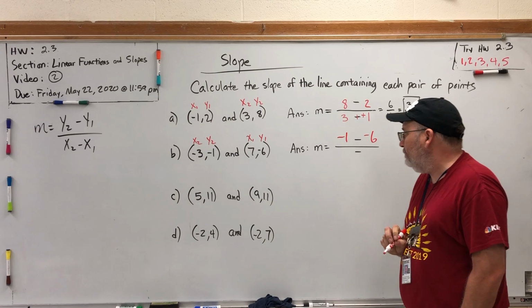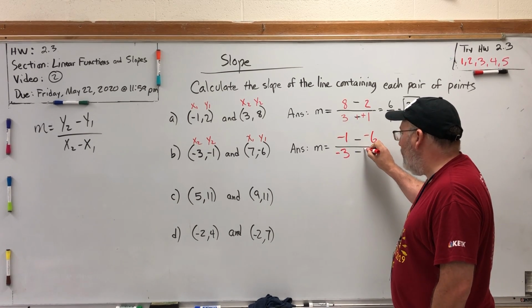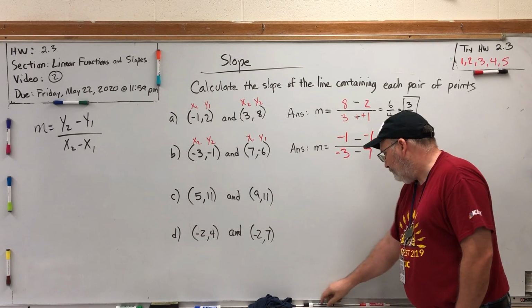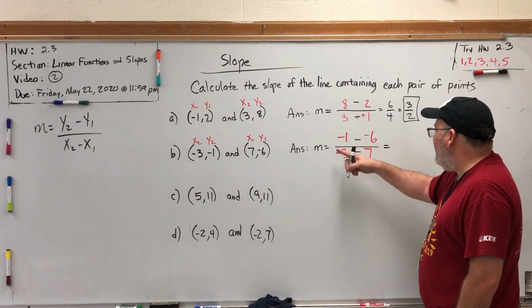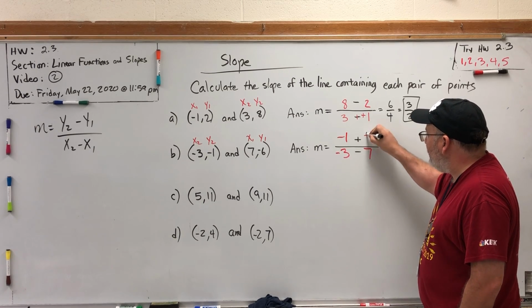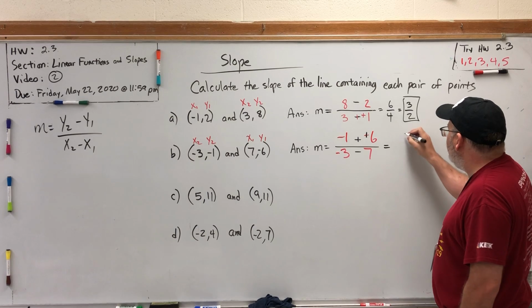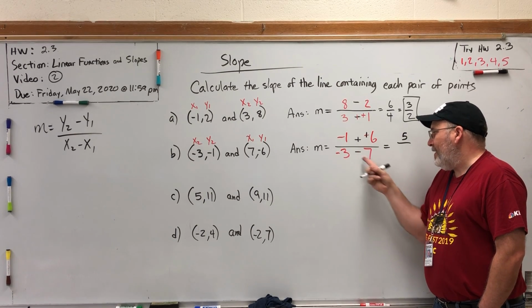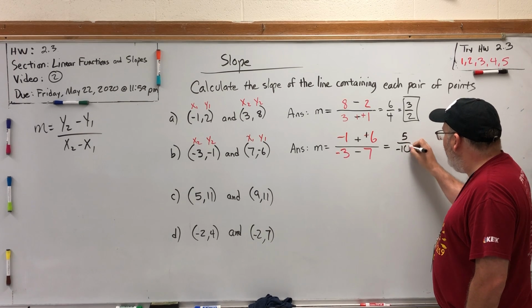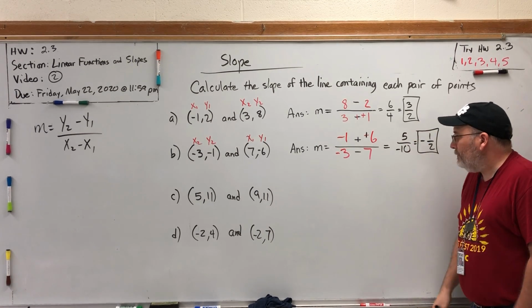There's a double negative. Second x is -3 minus the first x, 7. Let's work it out. On the top we get -1 minus -6, so the double negative becomes a plus positive. -1 and +6 is +5. In the denominator, -3 minus 7 is -10. And this fraction will reduce to -1/2.